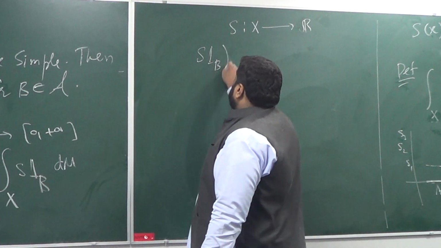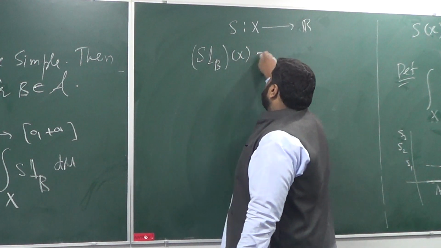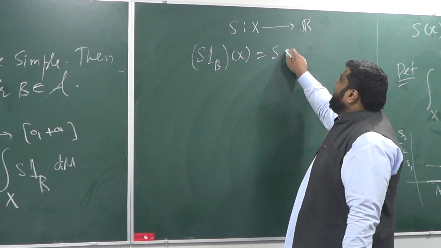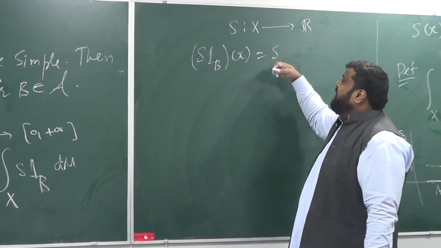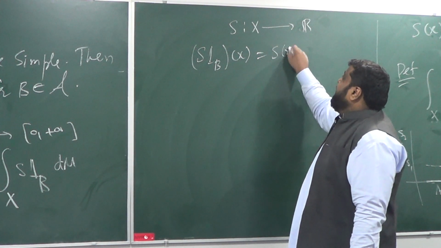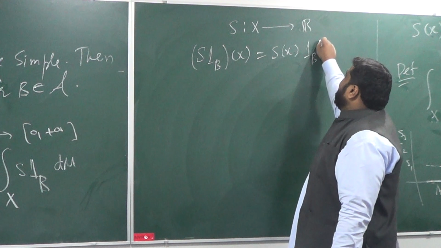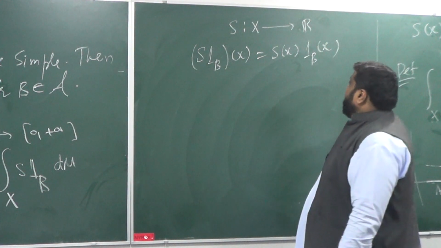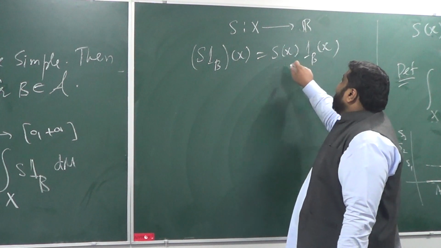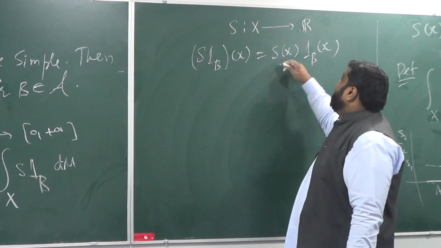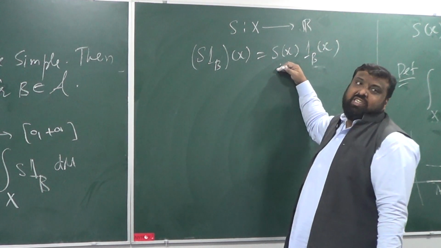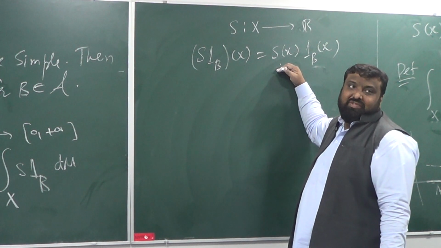If I operate this on X, it means I have to take either 0 or S, so it's going to give you S of X multiplied by the indicator function of B at X. So you're going to get S of X if X is in B, and 0 if X is not in B. It's a kind of cutoff function that you saw in functional analysis.